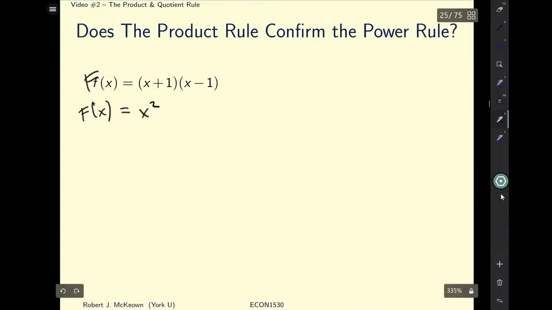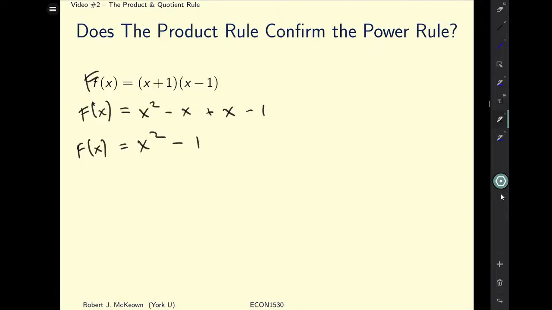We're going to get x squared plus x minus x minus 1, because depending on how you do your ordering, big F of x could be written as x squared minus 1. Apply the power rule.